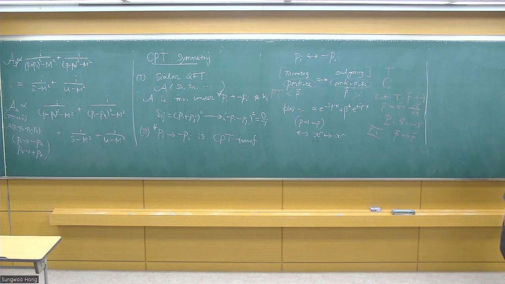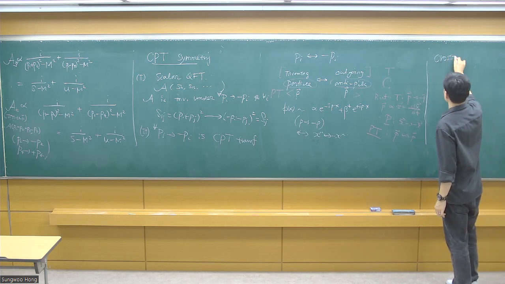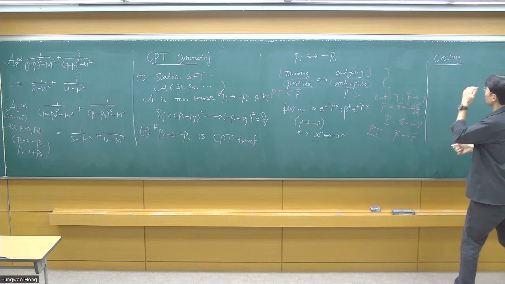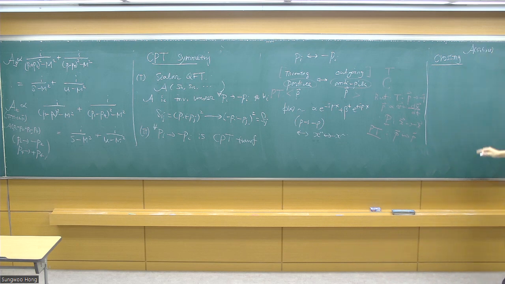But let me quickly say one more thing in 2 minutes. So remember, crossing. Given this master function of s, t, u, let's just talk about two cases for now.